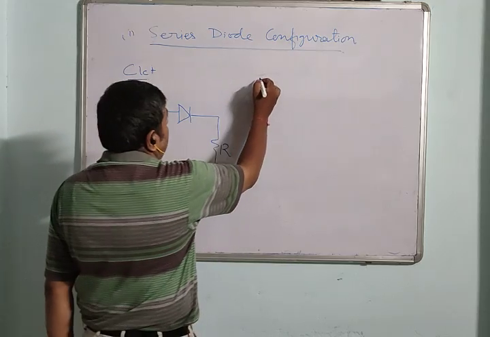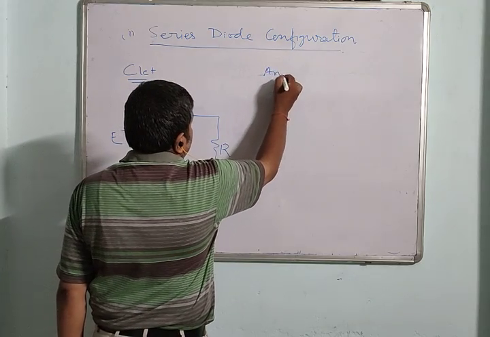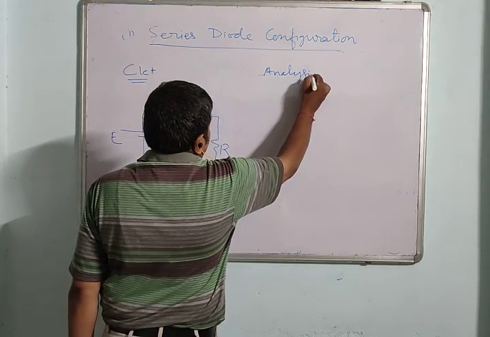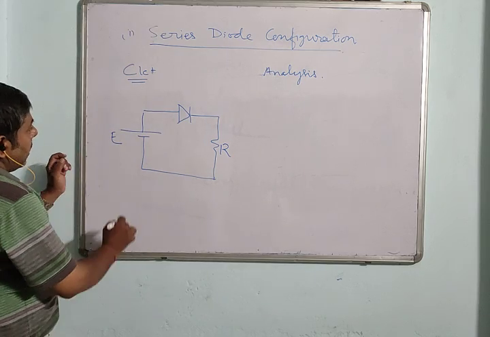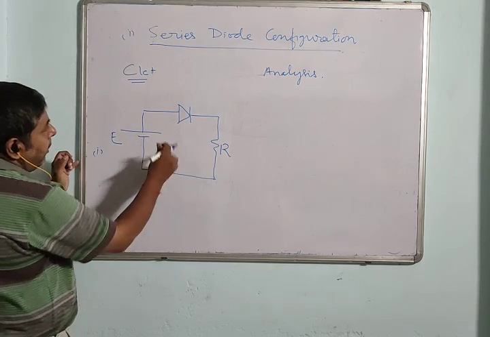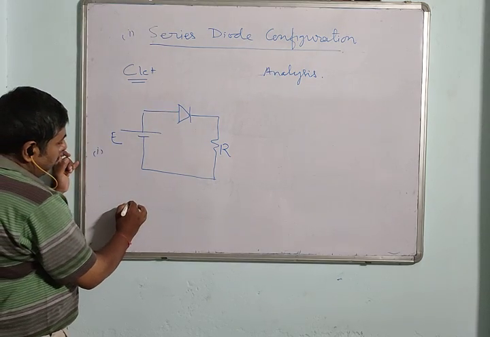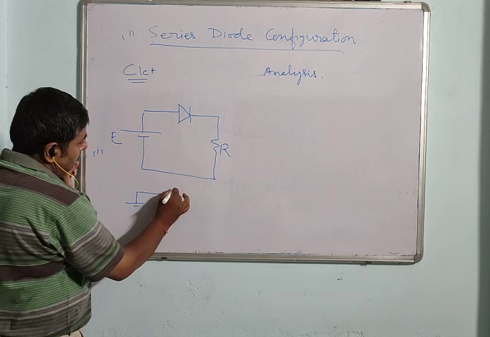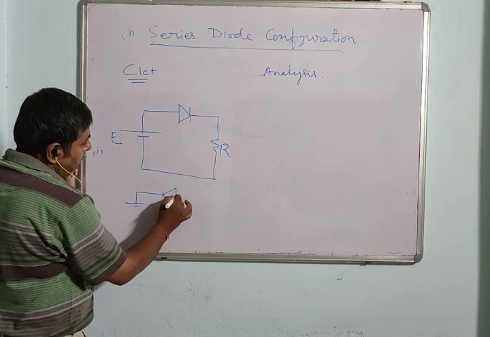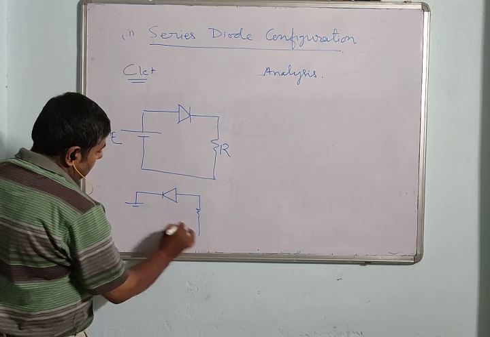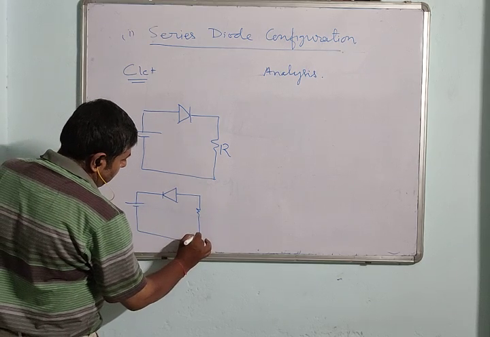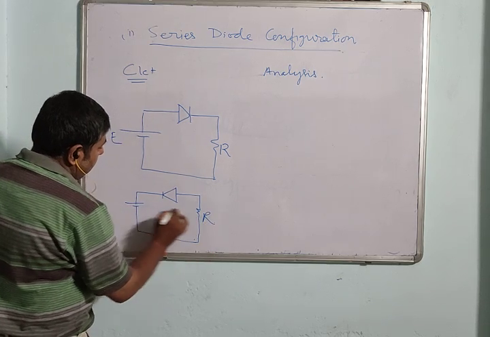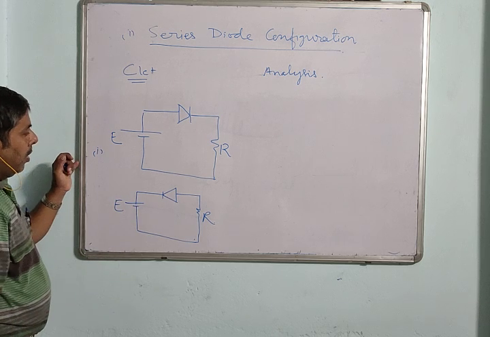So how can we analyze? Analysis. This is one circuit, the first one, and when diode is reversed, you can draw like this. This is reverse bias diode. So these are two diode configurations.